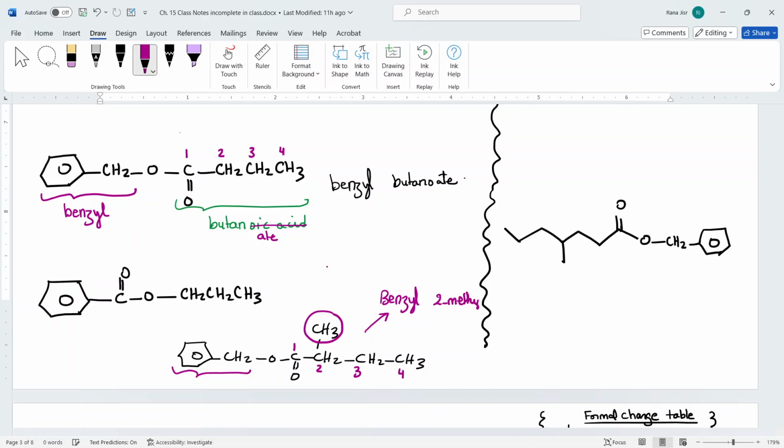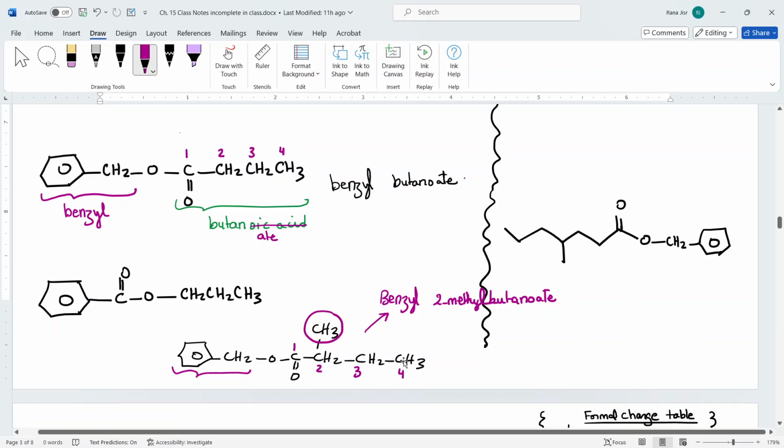Leave a space between the benzyl and the rest of the name. So it's going to be 2-methyl. And then 1, 2, 3, and 4, it's going to be butanoate. So the name here is going to be butanoate, okay? This way, you take into consideration every single substituent that is on the chain.